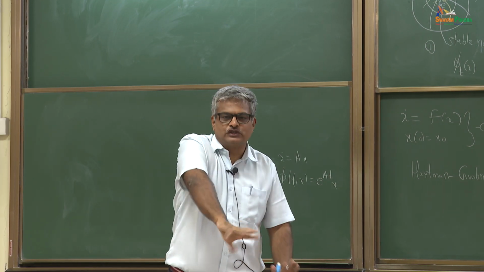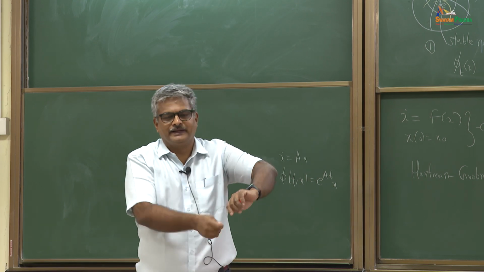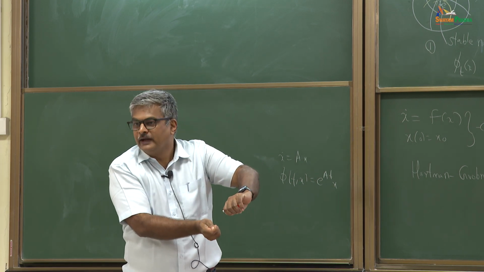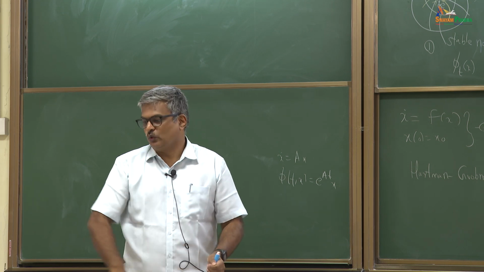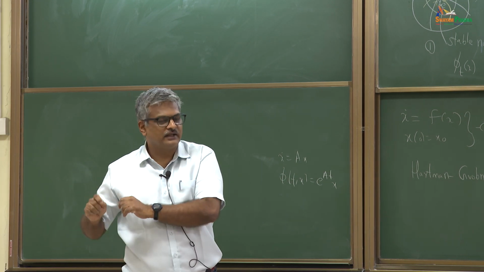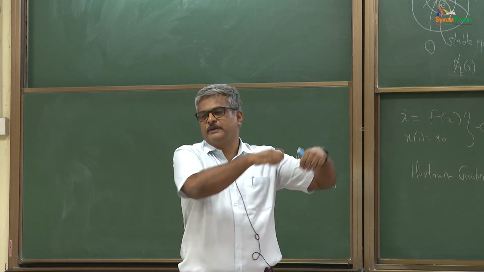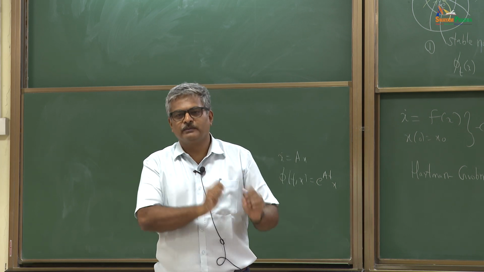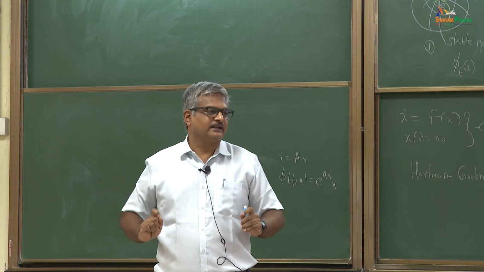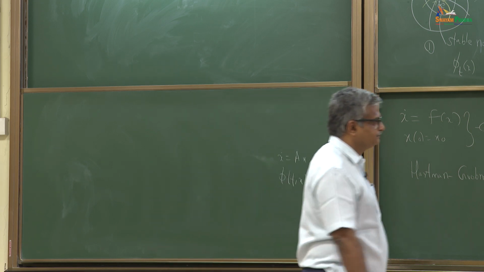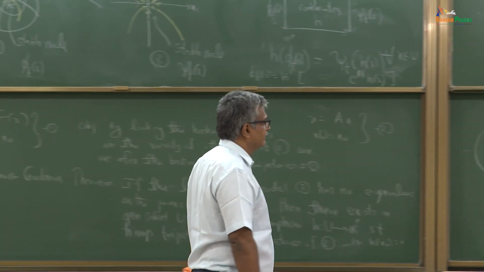They may be distorted, they may be skewed, but the behavior is invariant. So what was a saddle remains a saddle, a stable node will remain a stable node, an unstable node will remain an unstable node, and so on, except when the situation is at the center. So that is the takeaway from this theorem.